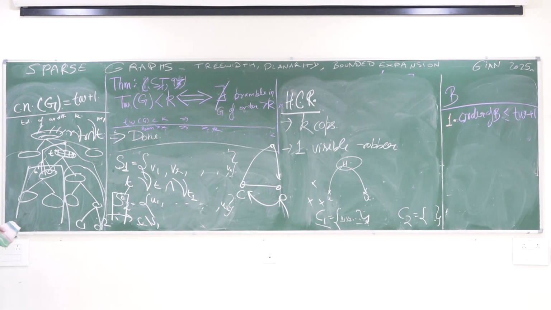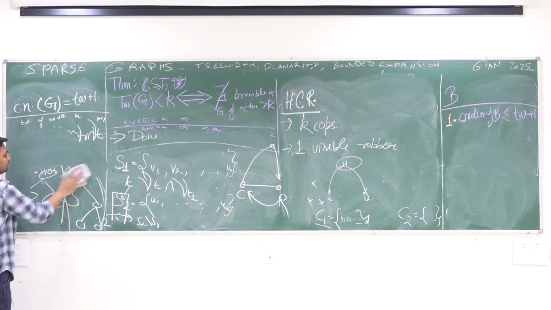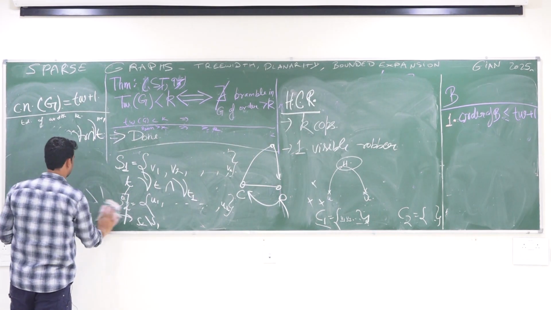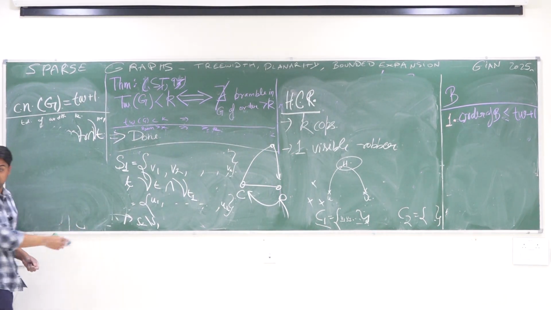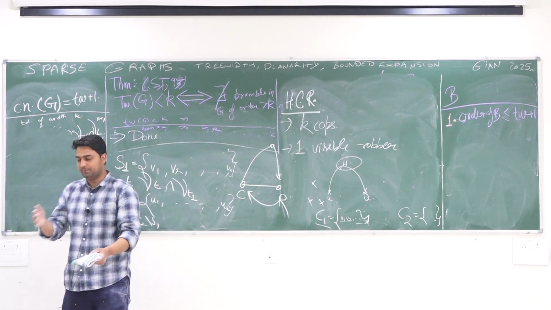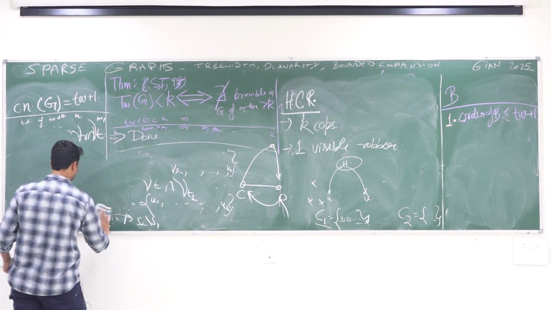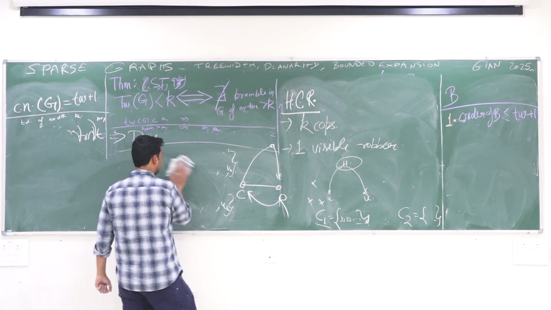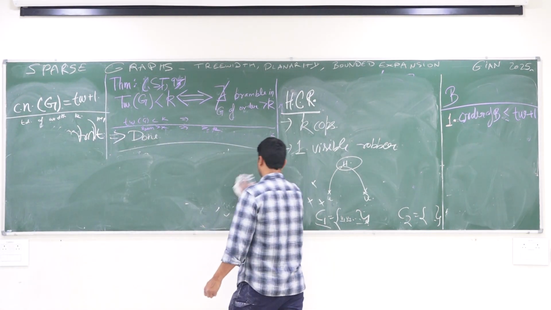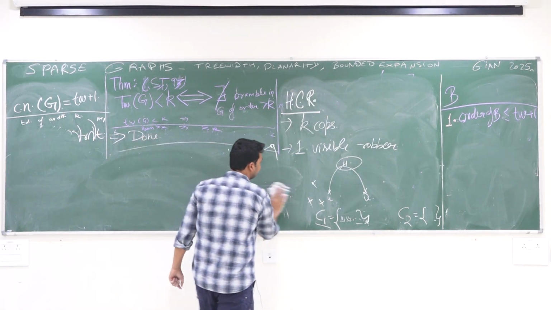At any point of time, the robber cannot jump to another branch of the tree because that is a separator. Exactly, you block the road of the separator. So this is one way to prove that k plus 1 cops are sufficient.